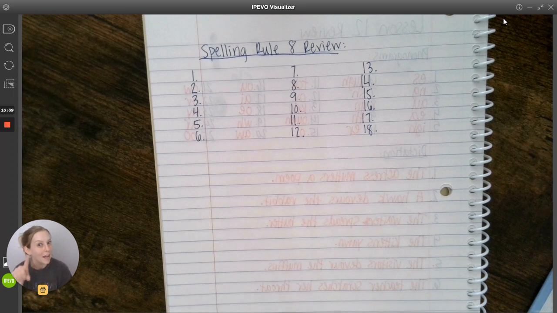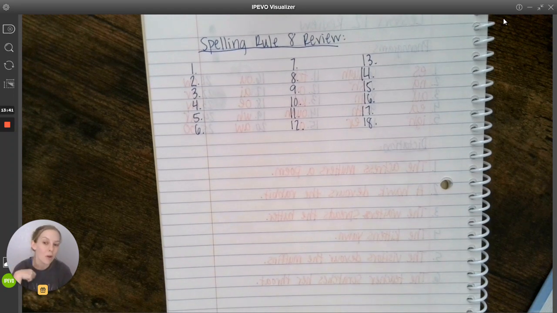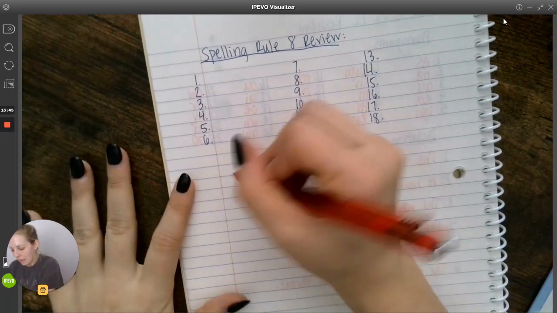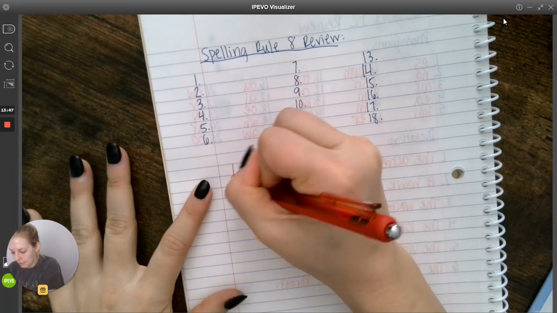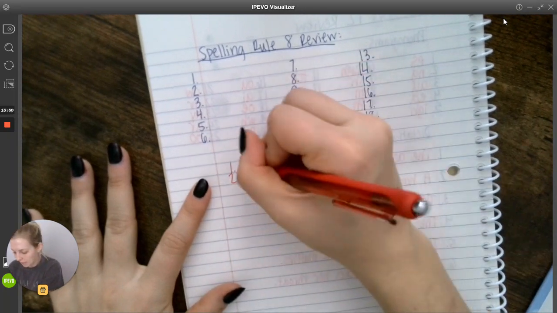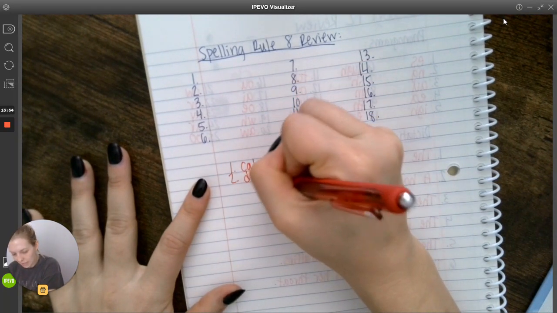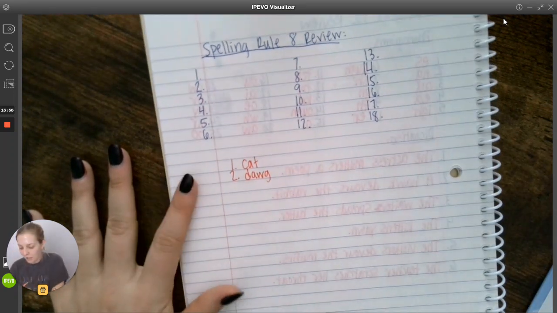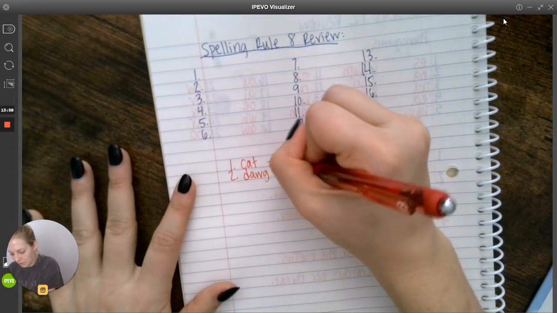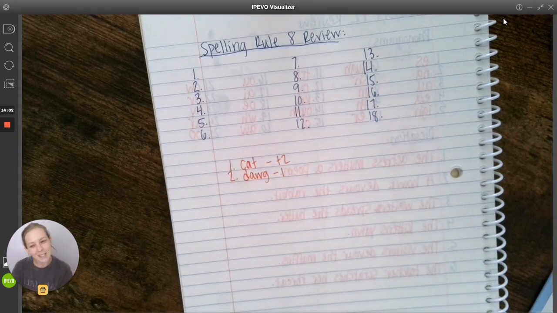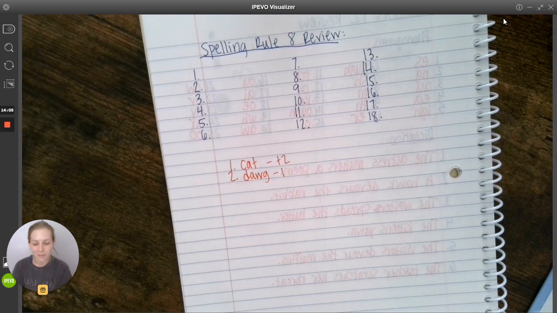But the catch is, if you misspell a word, you have to subtract one. Okay? So, for example, if I say the words cat and dog, and this is how you spell them, you would get +2 for cat, but you would get -1 for dog, because that's not how you spell dog, right?